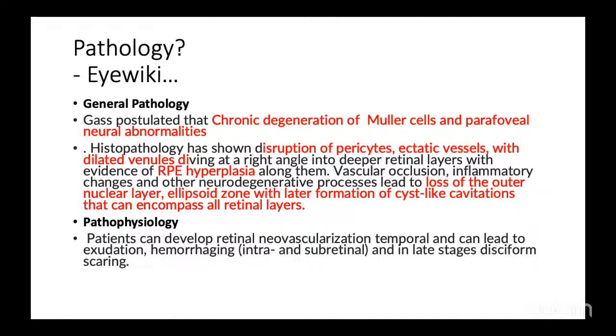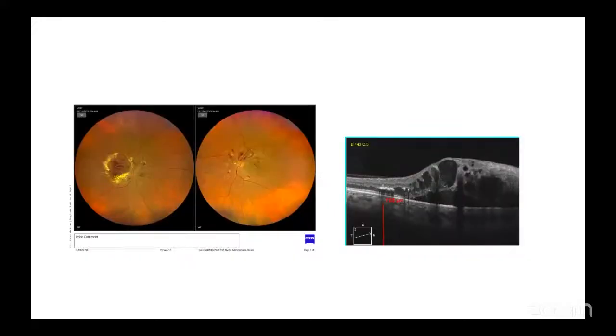Retinal neovascularization can develop in the temporal aspect of the fovea and lead to exudation, which is the choroidal neovascular membrane, as Dr. Noel described.